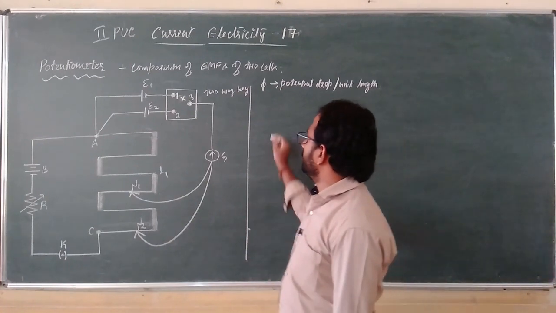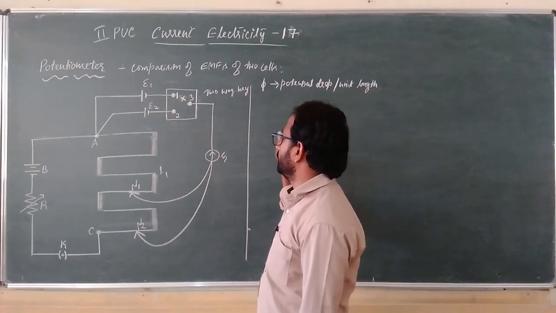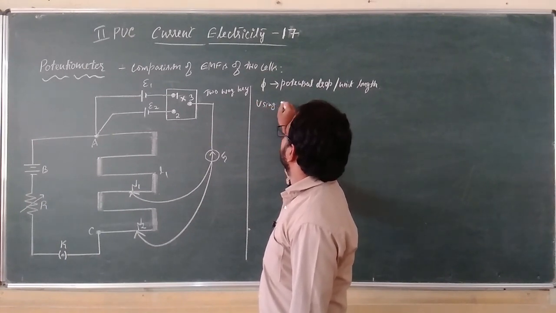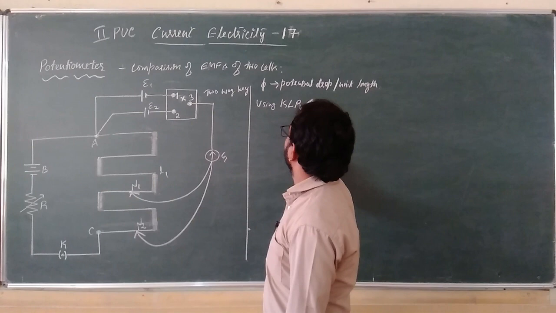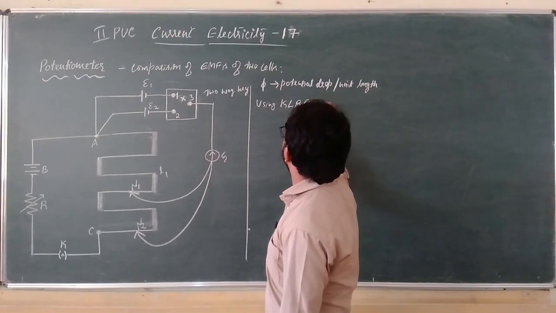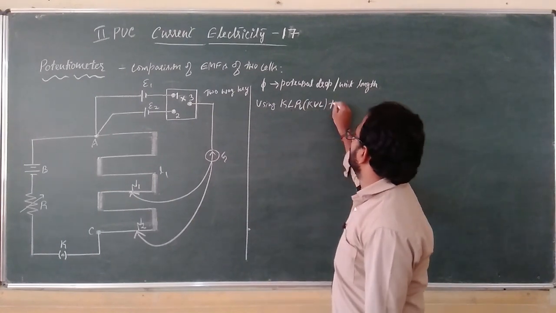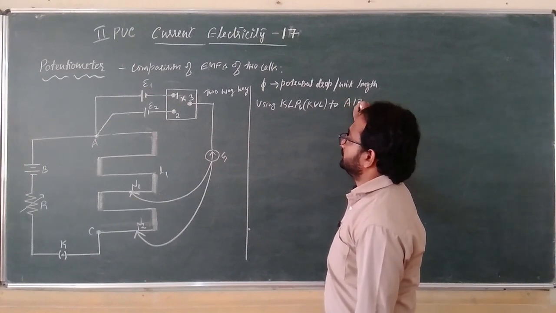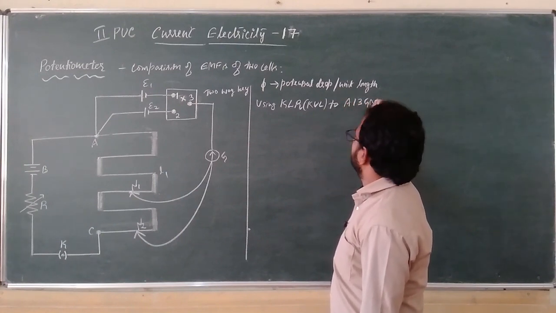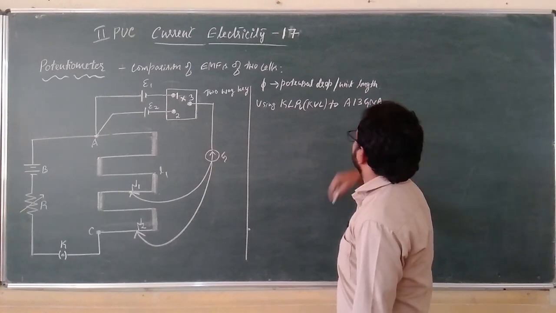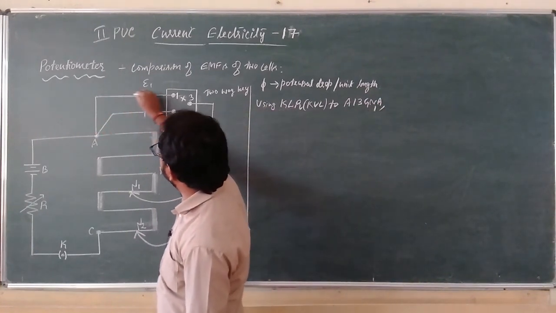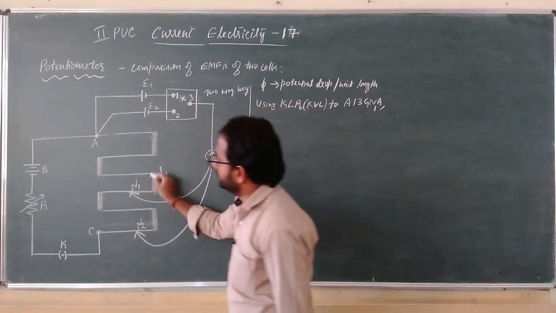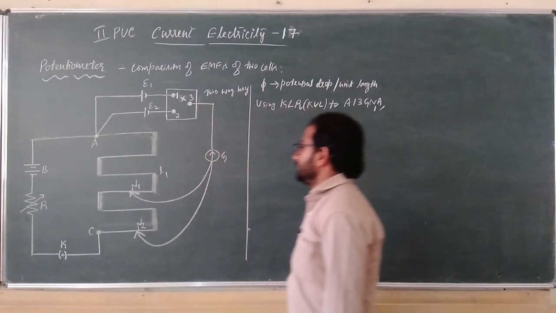Therefore, now using Kirchhoff's loop rule, that is KVL, Kirchhoff's voltage law, to the loop A13GN1A.